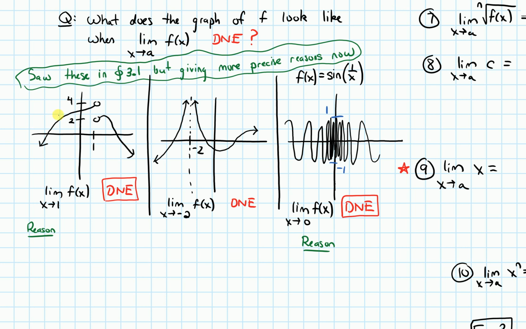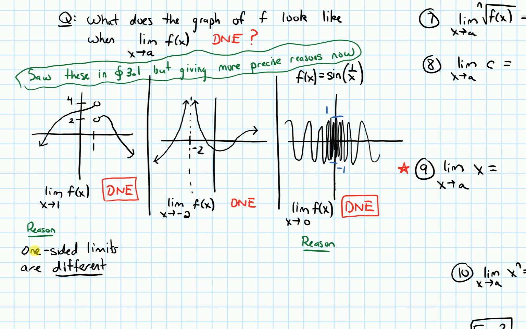So for this first graph, this graph on the left, what's the reason that the limit doesn't exist? The reason that this limit doesn't exist is the one-sided limits are different. We need two things for a limit to exist.